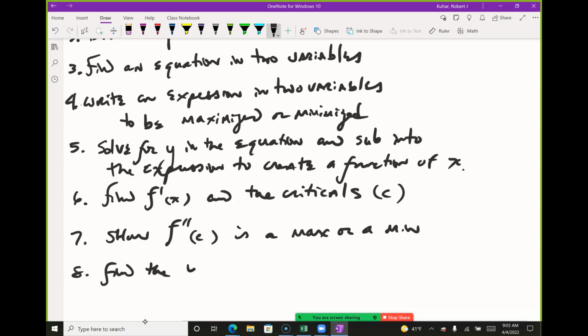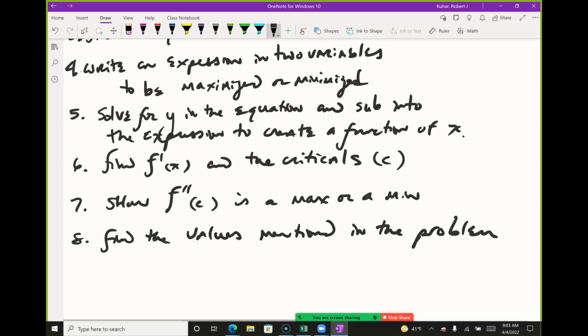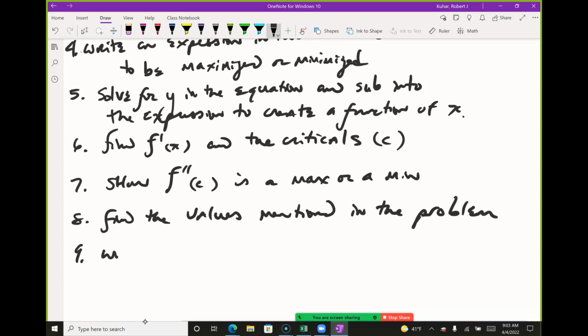Find the values mentioned in the problem. So I had to find a side x, a side y, an area xy in the previous problem, and then write a conclusive conclusion.